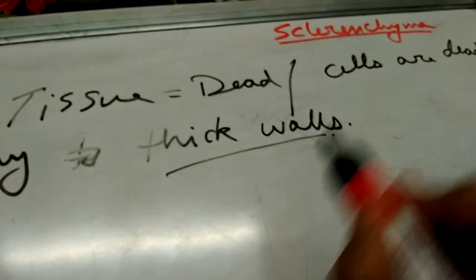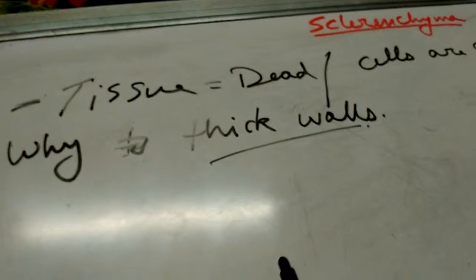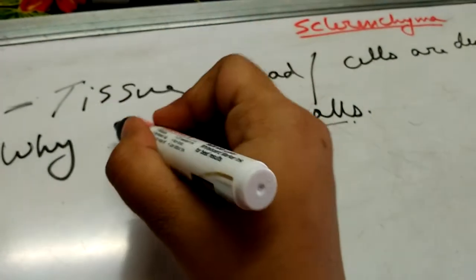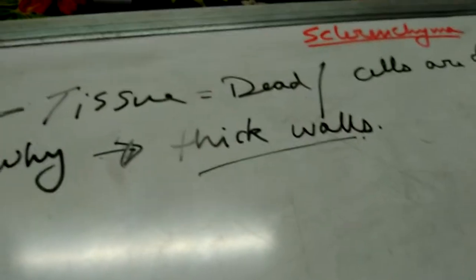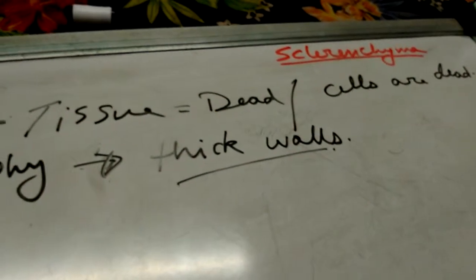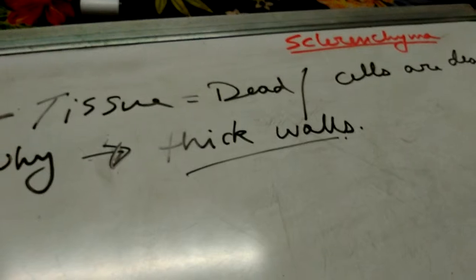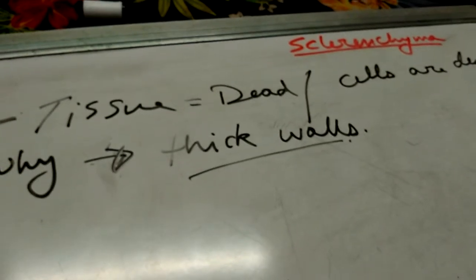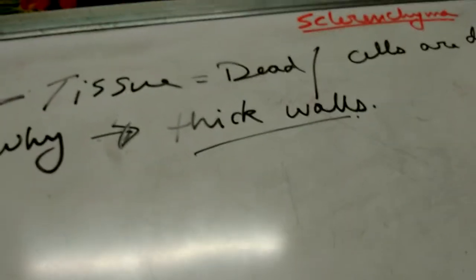This is a very important criterion for making a cell dead. In sclerenchyma tissue, all the cells are dead in nature. Therefore, sclerenchyma is the dead tissue or composed of dead cells.